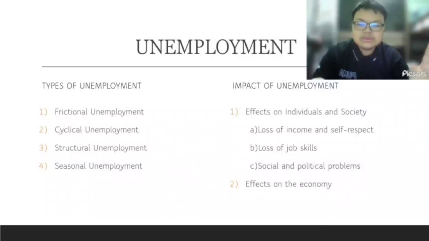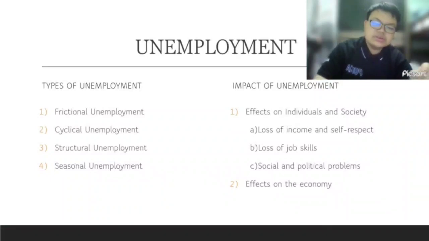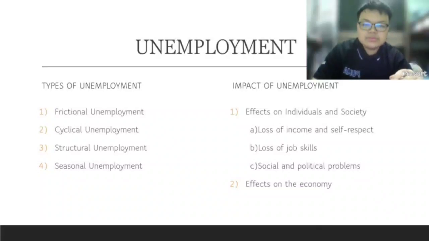factors and incentives in the economy. The following can all contribute to institutional unemployment. Government policies such as high minimum wage floors, generous social benefit programs, and restrictive occupational licensing laws.